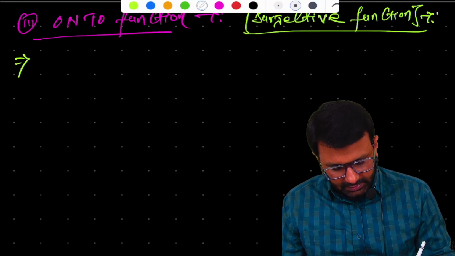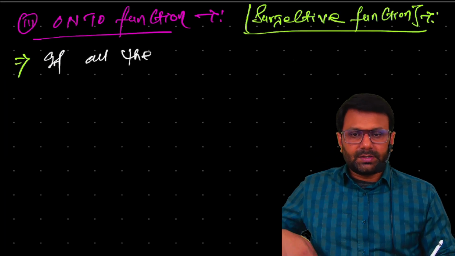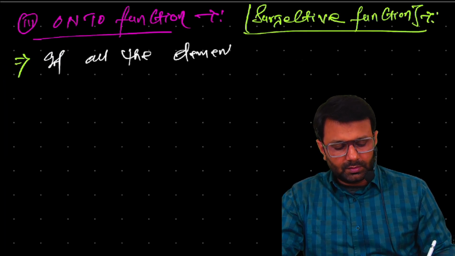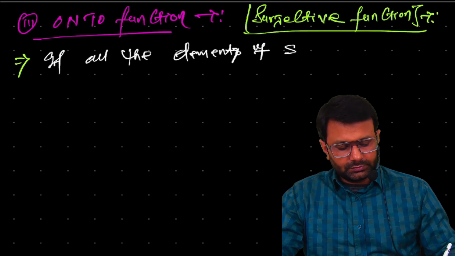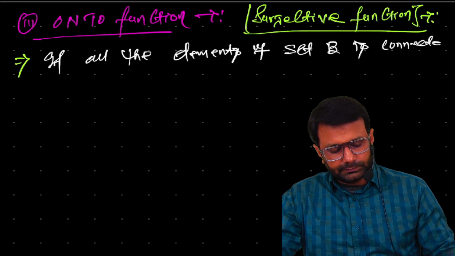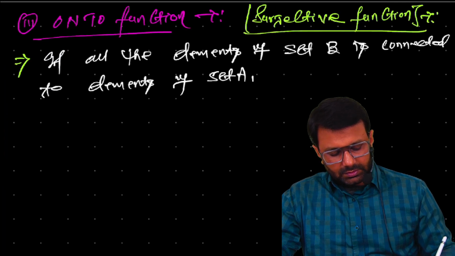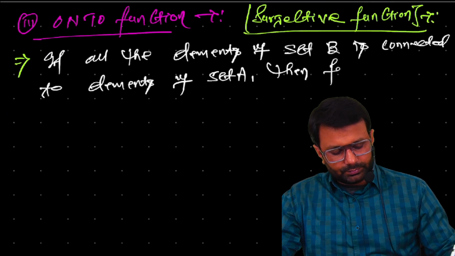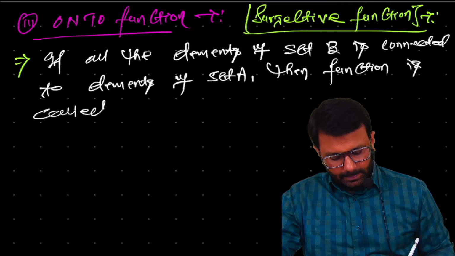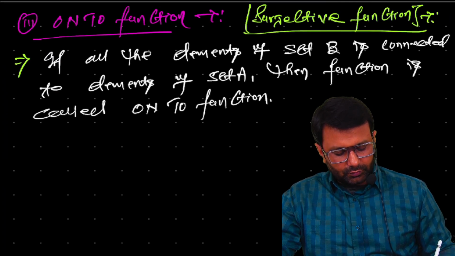I'm writing the definition in detail: if all the elements of set B are connected to elements of set A, then the function is called onto function.